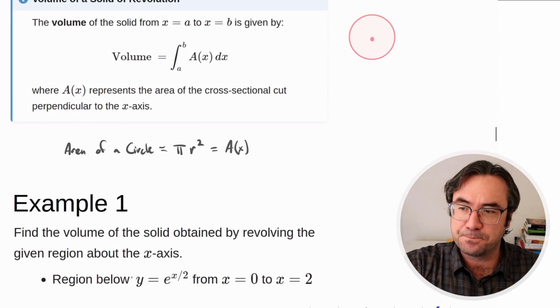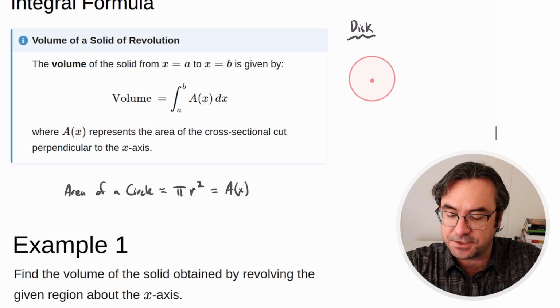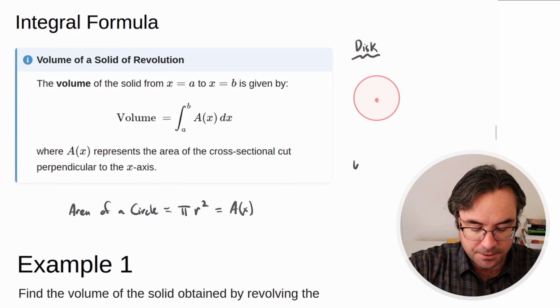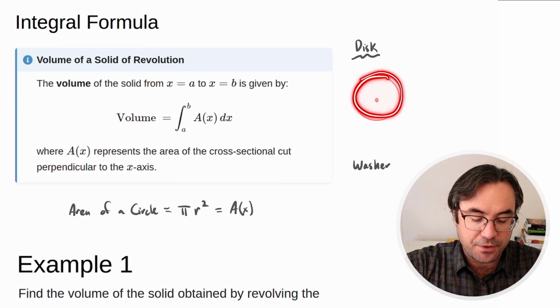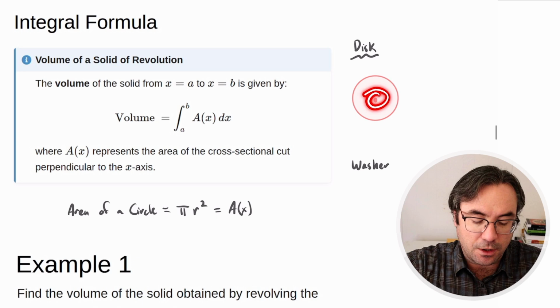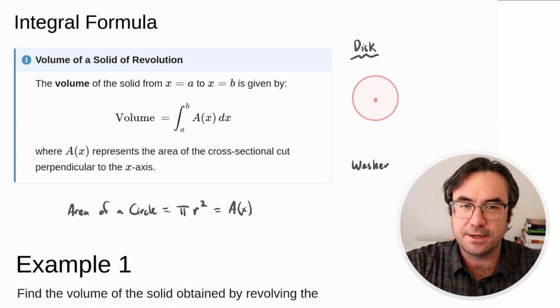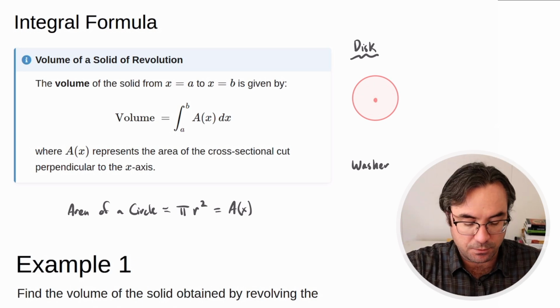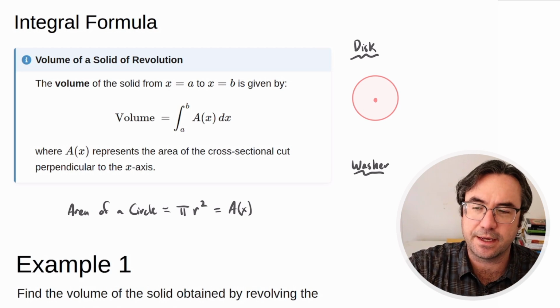All right, so there is another case, which we'll look at later, where we still might end up with a disk, but we drill a hole through the middle. And we're going to call that a washer, but we'll look at that a little bit later.